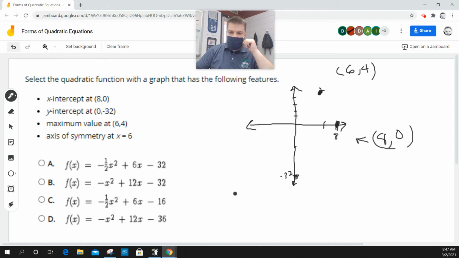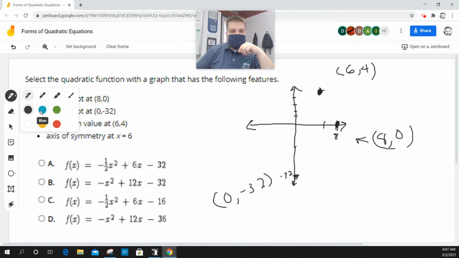This point here is, whoops, 0, comma negative 32. And then it has the axis of symmetry. This thing is going to go.